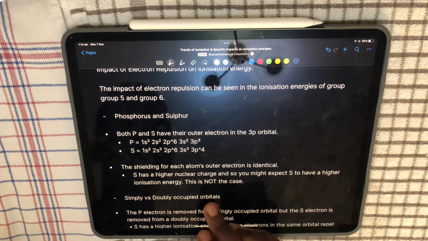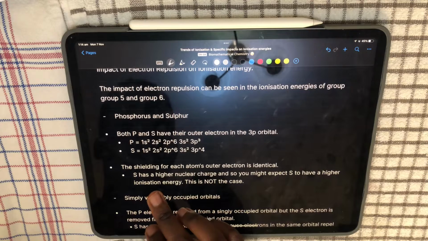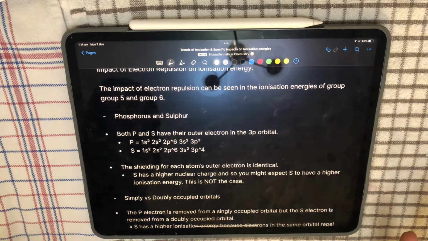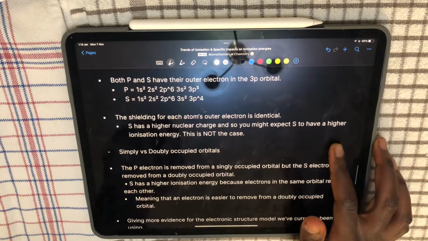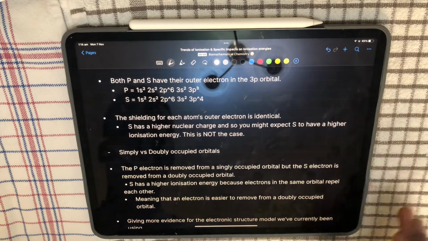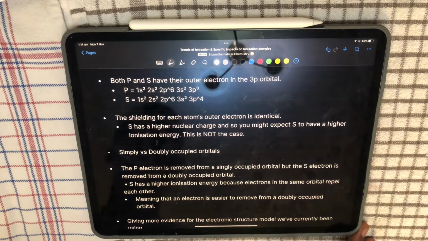But sulfur has a higher nuclear charge. So given that, you would expect sulfur to have the higher ionization energy. However, this isn't the case, because it has something to do with singly or doubly occupied orbitals.